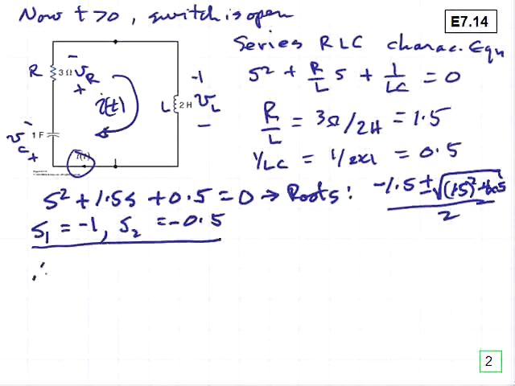So therefore, the general form of our current expression will be I of t is equal to K1 e to the minus 1t plus K2 e to the minus 0.5t. So we have two coefficients, K1 and K2, to determine, so we need a second equation.